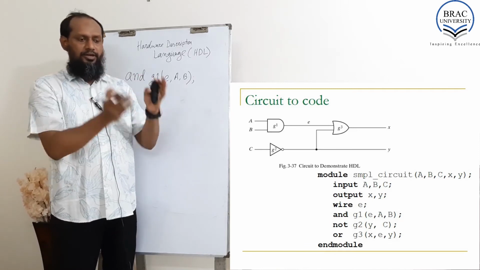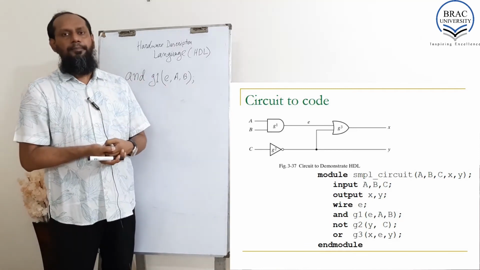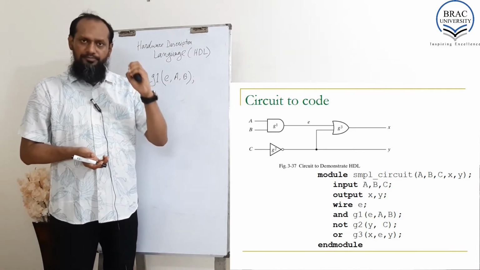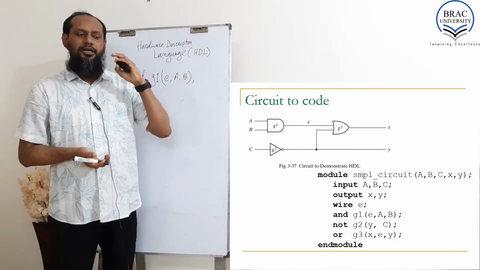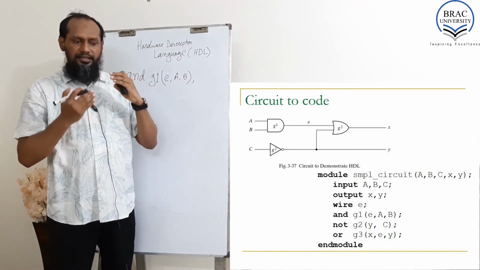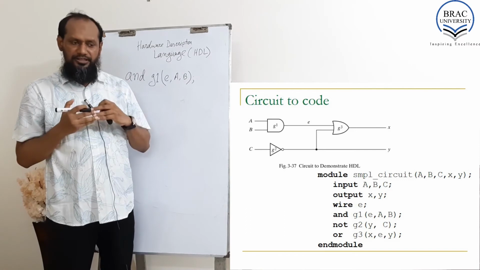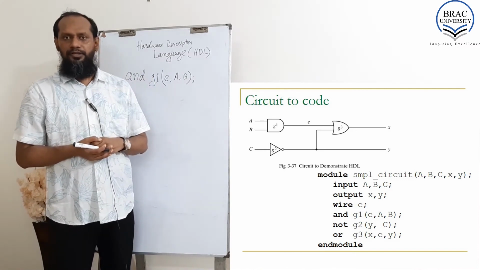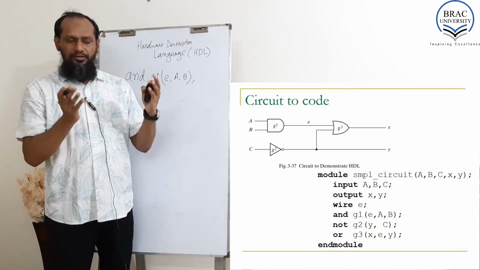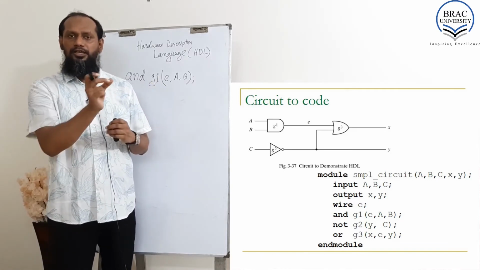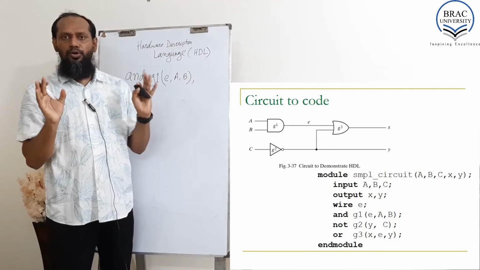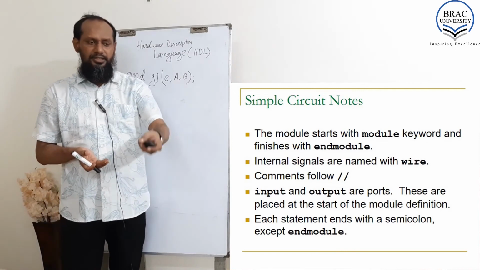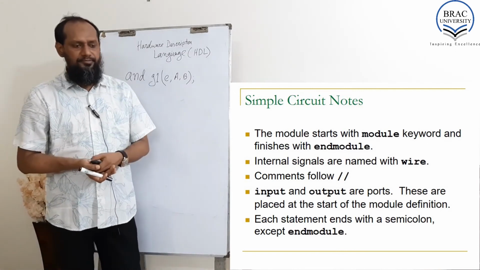So you can see the program starts with module, then the declaration of input, output, and wire, and then the description of all the gates used in this circuit, like AND gate, NOT gate, OR gate, etc. Of course it will finish with the keyword endmodule, and there will be no semicolon after it.